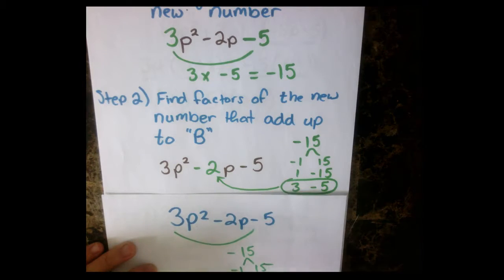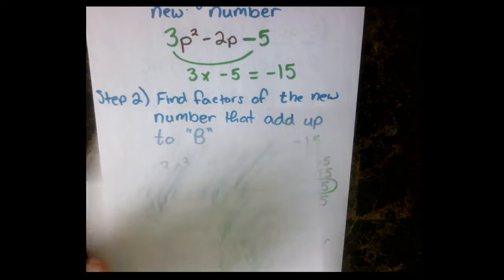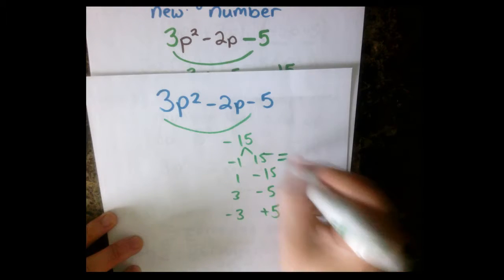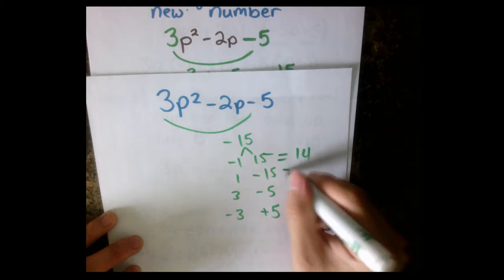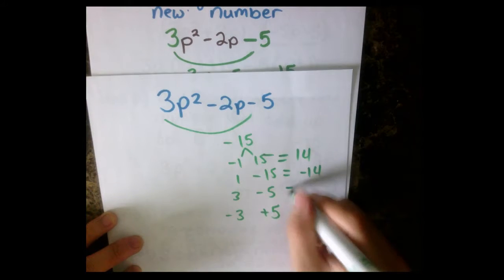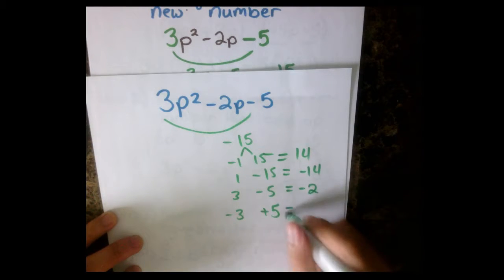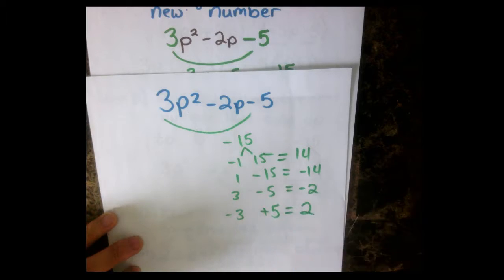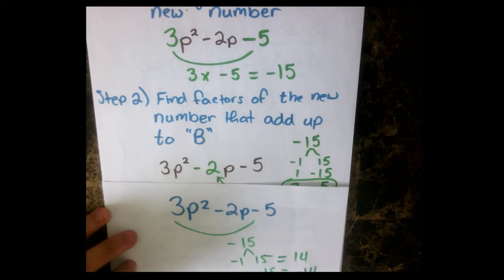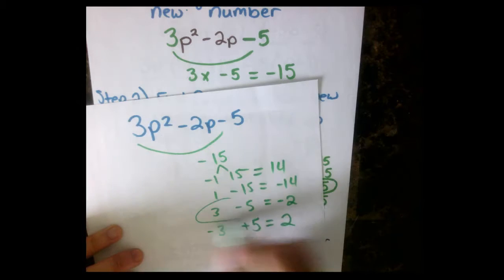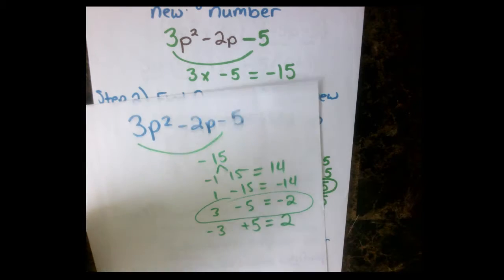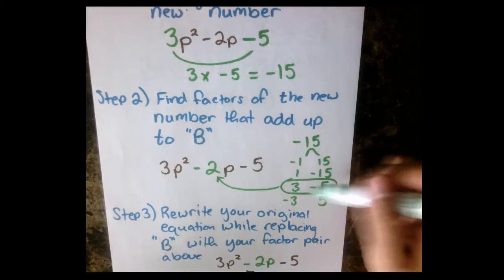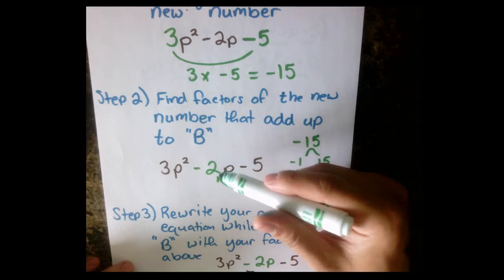And if we were to add all these together, oh, you guys can't see that. Negative 1 plus 15 is 14. This is negative 14. That's negative 2. And that's positive 2. Okay? And you'll notice again, remember we needed to add up to b, our negative 2. So the only pair that adds up to negative 2 is that 3 and negative 5. 3 minus 5 equals negative 2.